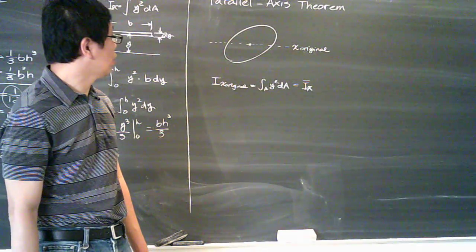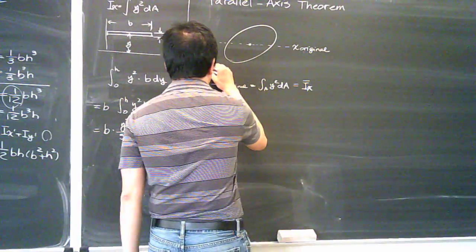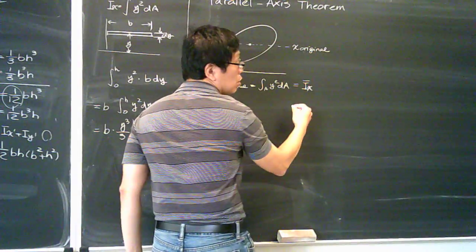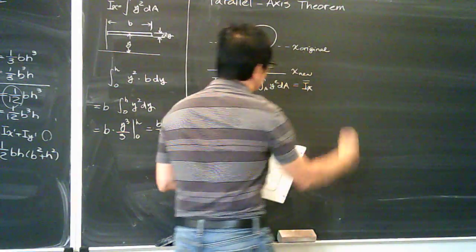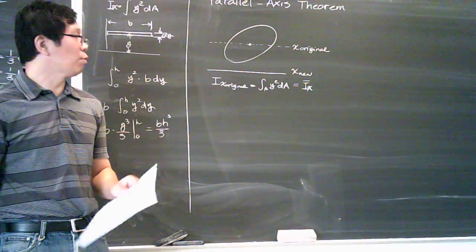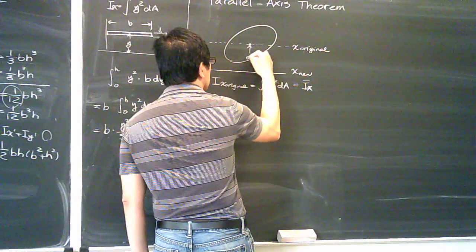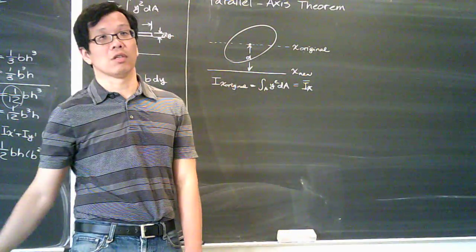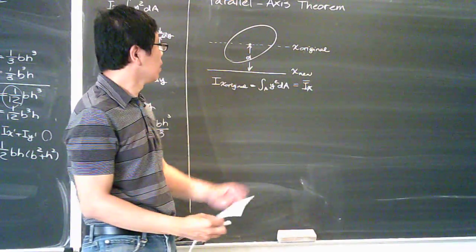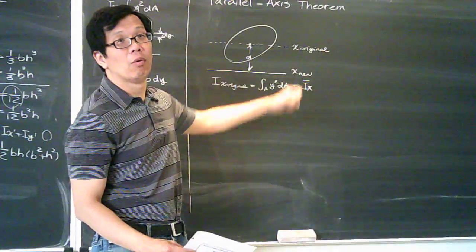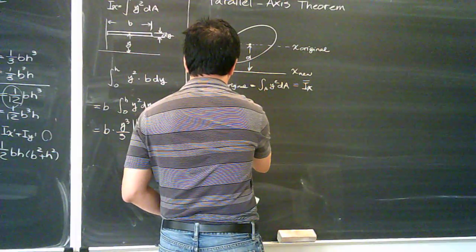Now I'm telling you I'm no longer interested in rotating about this axis. I actually move my rotational axis to here, a distance d away. So can you tell me the moment of inertia rotated about the new axis, J?